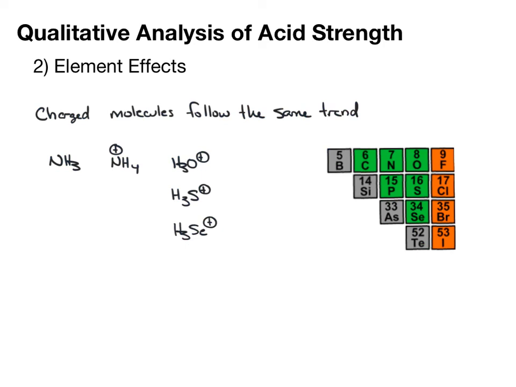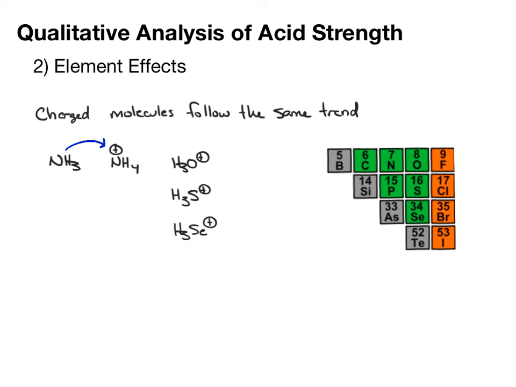Even if you happen to have charges in your molecule, they're going to follow the same trend. Looking at an example, if we go from an uncharged acid like NH3 to a corresponding charged acid, NH4+, that's going to be more acidic. But if you compare similar charged compounds, you follow the same trends we discussed.